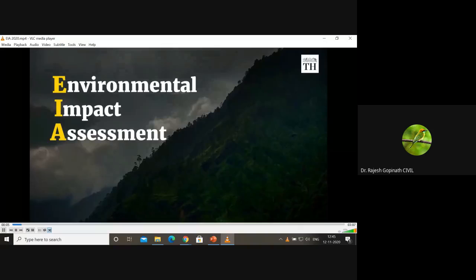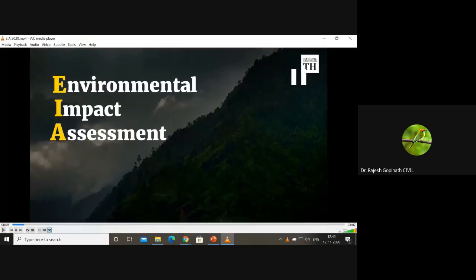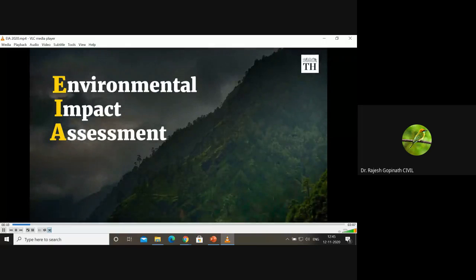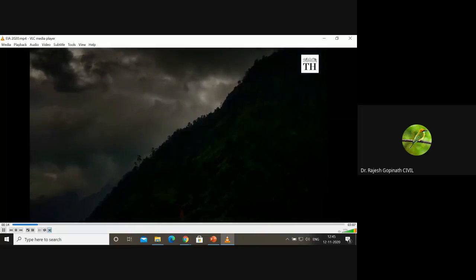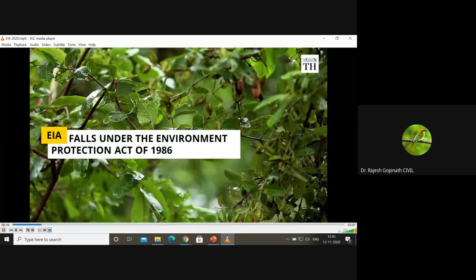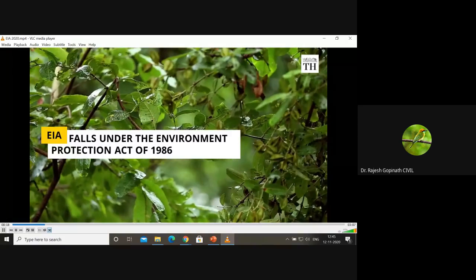Environmental Impact Assessment, or EIA. A step wherein you assess the impact of any developmental activity on the environment. For example, setting up an industry. The process of study which predicts the effect of a proposed industrial or infrastructural project on the environment. It falls under the Environment Protection Act of 1986.